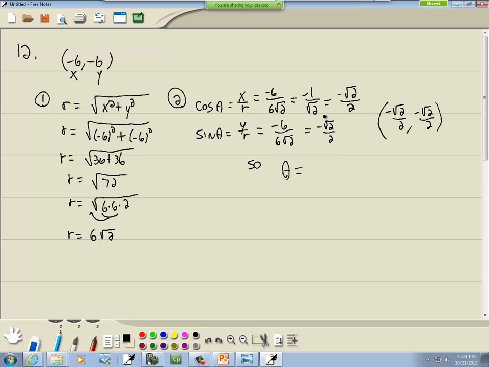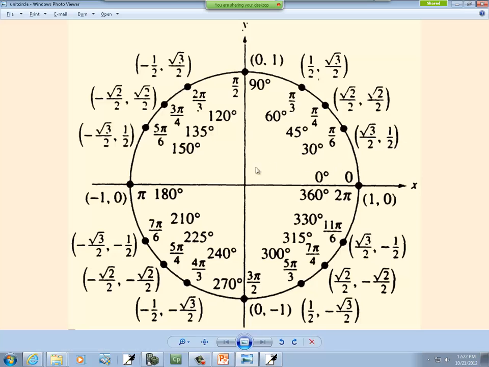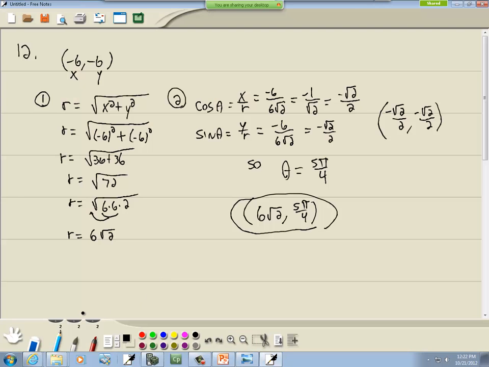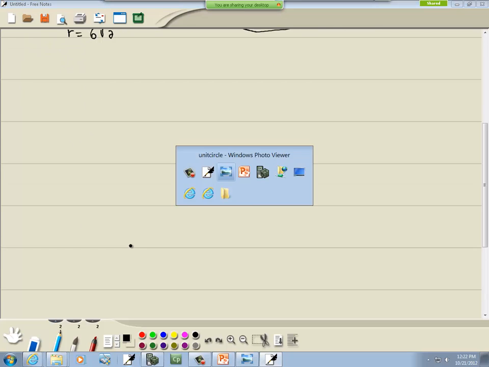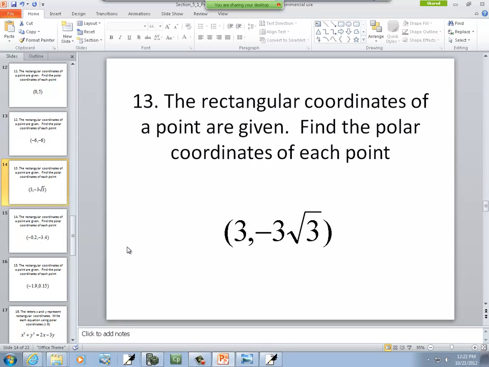So it'd be pi, 2 pi, 3, 4, 5 pi over 4. And our answer would be r, which is 6 square root of 2, and theta, which we just said was 5 pi over 4. Now again, looking at this on the unit circle, we go around looking for negative square root of 2 over 2 and negative square root of 2 over 2, which is right here, which is 5 pi over 4. Let's look at our next problem. I think this one's on the unit circle also.